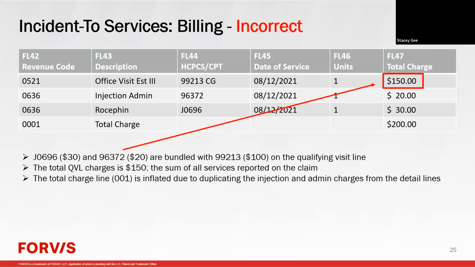But then you'll see on the second and third line, those have been detailed out with those individual charges of $20 and $30. So what's happening is the charges on this claim are being inflated because the injection and the administration charges from the detail lines are duplicated and built in to that 99213.